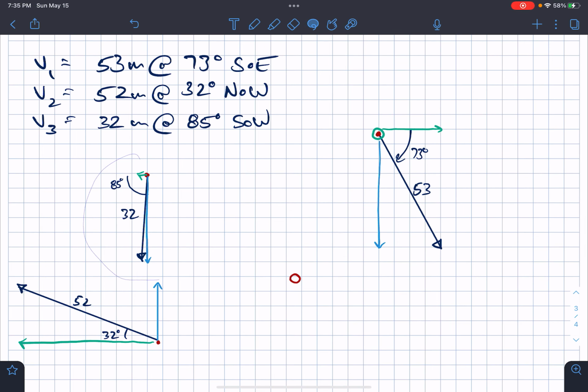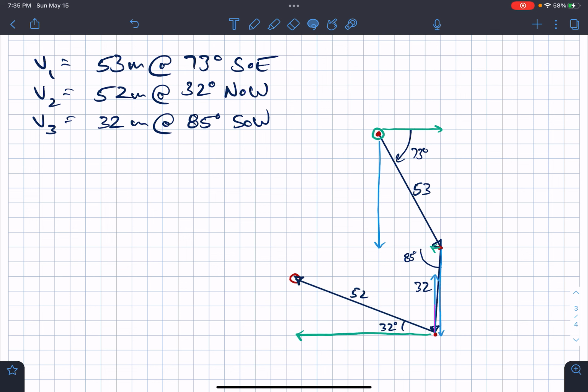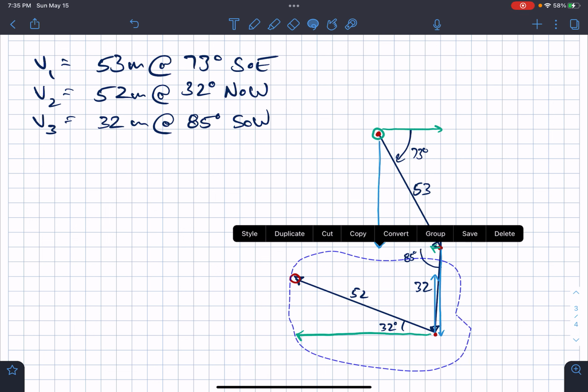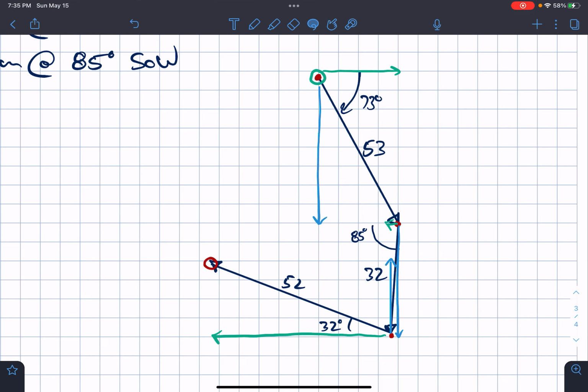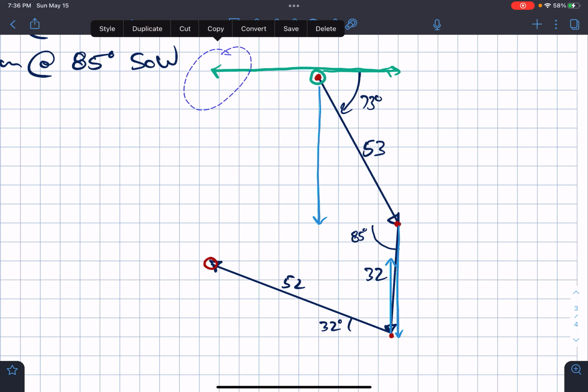Because if I were to take, put that there, and take and put this vector right here to kind of get us to the very end point, we could add all of the components together and get our resultant. That is, put all the components together. So let's see here. So put the tail of the one on the tip of the previous one. So these kind of like negate each other a little bit. And then this one right here, like that.